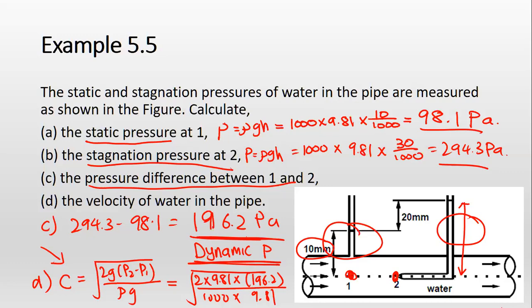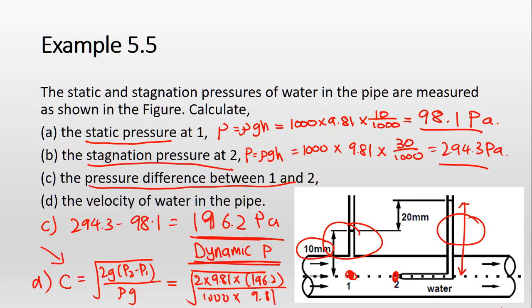Okay, so the main thing here is to understand what is static pressure and what is stagnation pressure. The difference between them is that static is just static. Stagnation consists of both the static and the dynamic pressure.